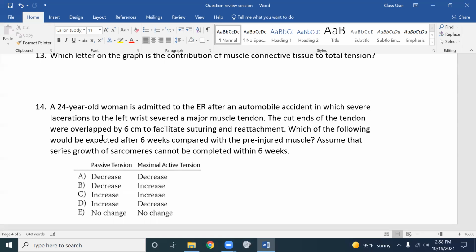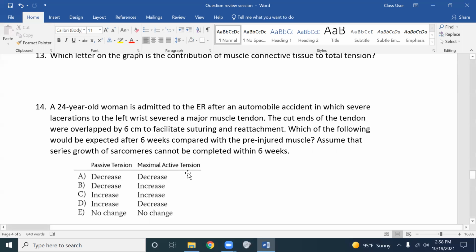Now for him to overlap, what is he doing to the muscle end? He's stretching the muscle end. You understand what I'm getting at? So if he's stretching the muscle end, what is he increasing in that muscle? The passive tension. Okay?